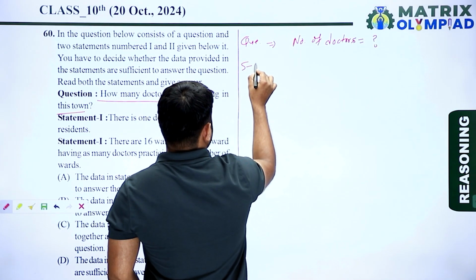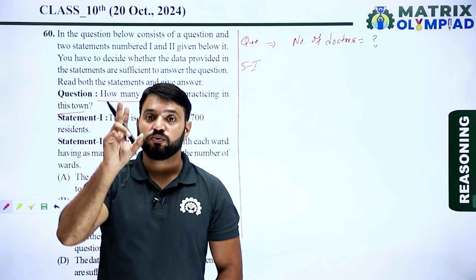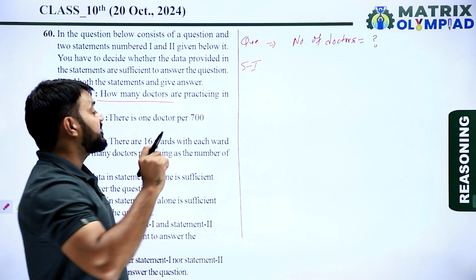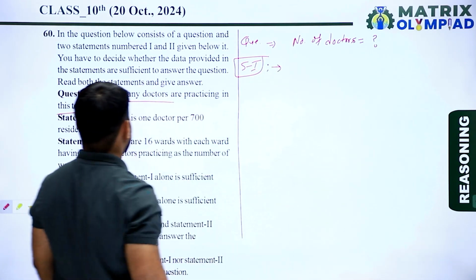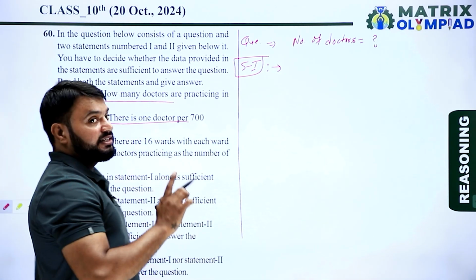Now, statement first. We have two statements for this question. So first taking both statements separately. दोनों statement को अलग-अलग लेना है. So according to statement first, there is one doctor per 700 residents.